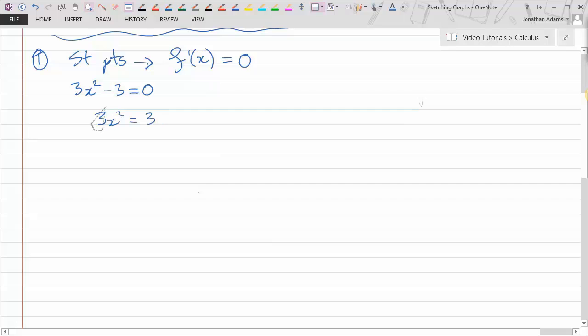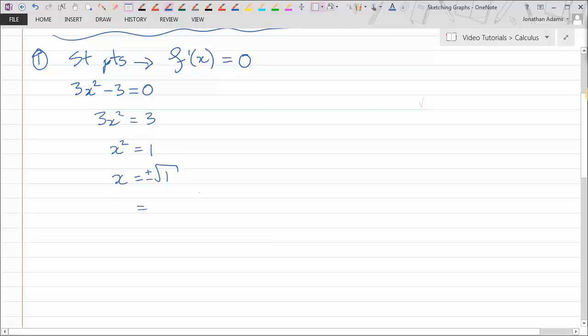Then I need to divide by my coefficient, which is 3. 3 divided by 3 is going to be 1. And then finally, to get x on its own, I need to take the square root, but I actually need to take the positive and the negative square root, because there's two possible things that could square to give me 1.